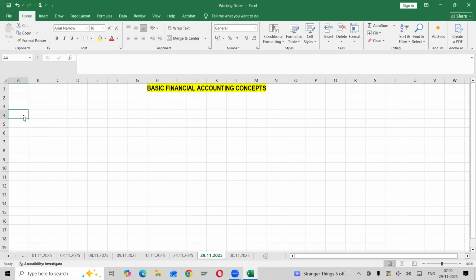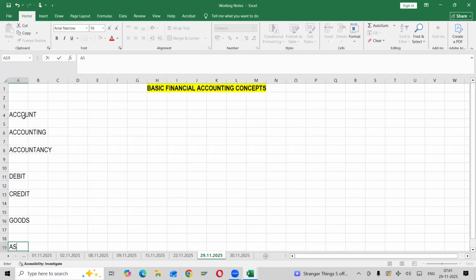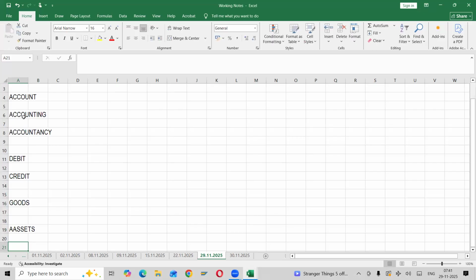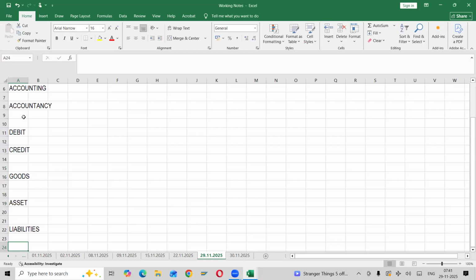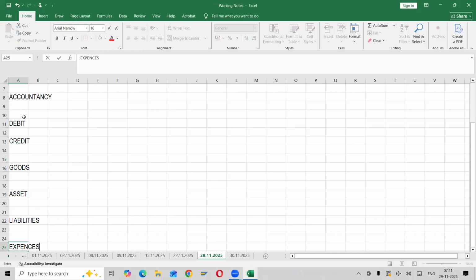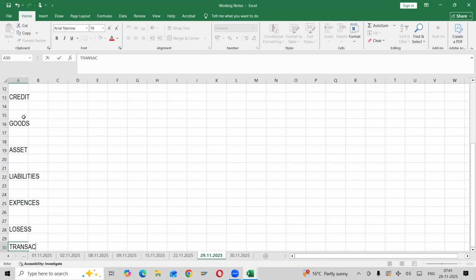First of all, I'll try to cover concepts called account, accounting, accountancy, debit, credit, goods, assets, liabilities, expenses, losses, and transactions.